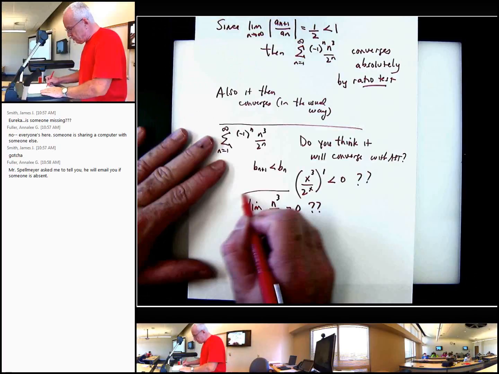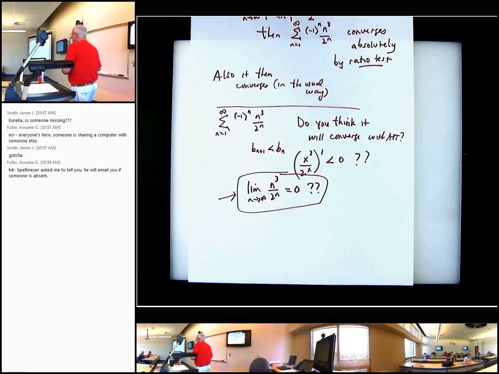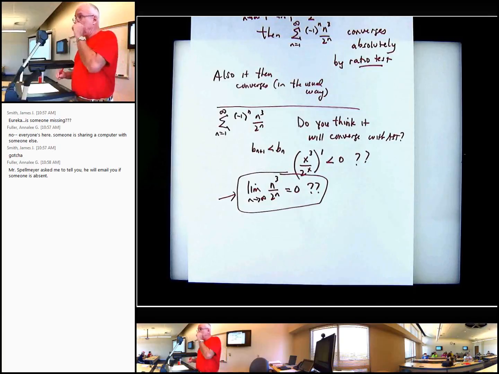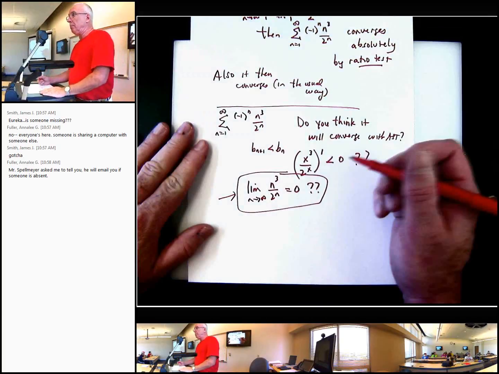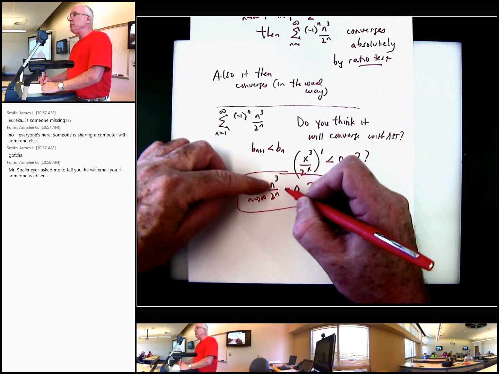I think this is a good question. What tool that we've had could we use to determine that last thing? What's the limit of the top part as n gets bigger and bigger?